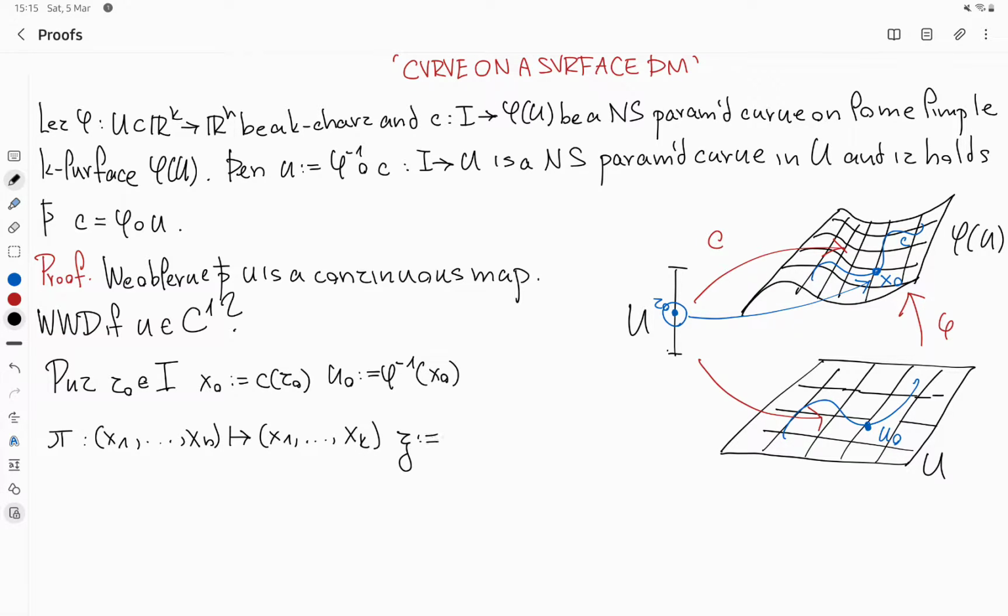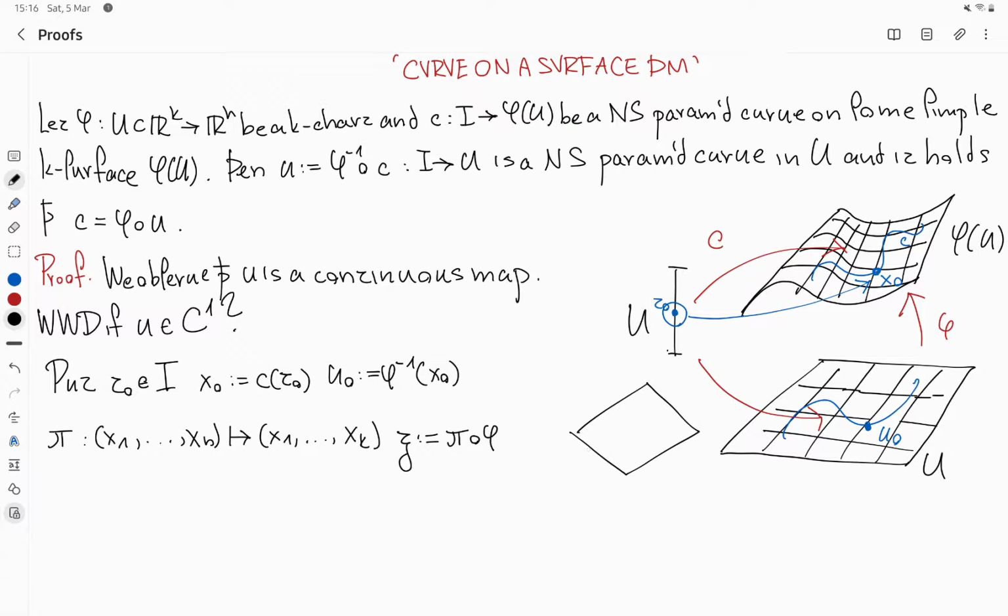And we put G as the composition of this projection after phi, right? So here in the picture we would have another plane, rather I'm out of space.